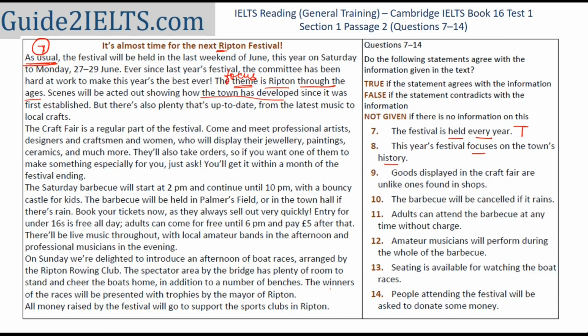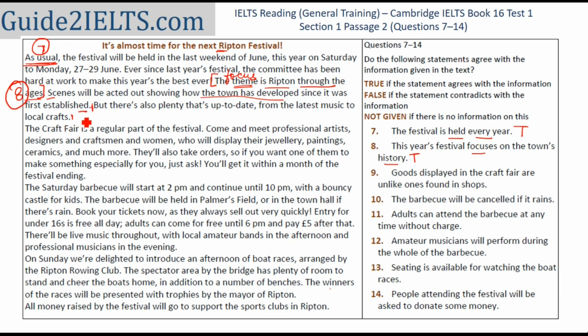So although the answer is from this part itself, it is then explained in the next sentence, from scenes to established. So understanding that theme refers to focus is important here. The history part is explained in two sentences. So the answer to the eighth one is again true. I do, however, want to point out this next sentence.